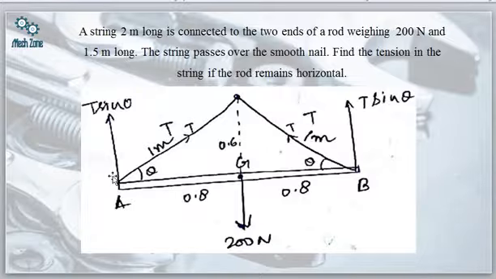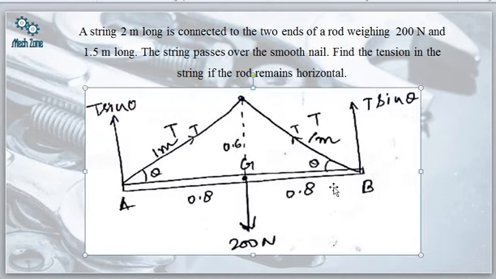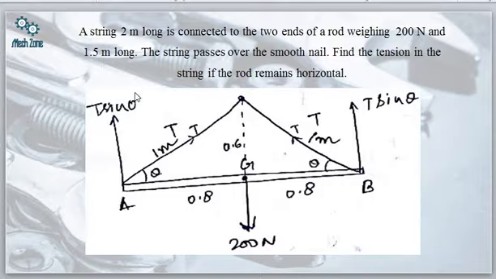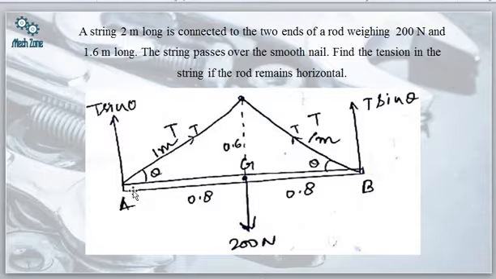Now the biggest problem is how to find theta. The entire string is 2 meters, so this is 1 meter. The length of the rod has been given as 1.5 meters, sorry, it is not 1.5, rather it is 1.6 meters long. So this will be 0.8 and this will be 0.8.